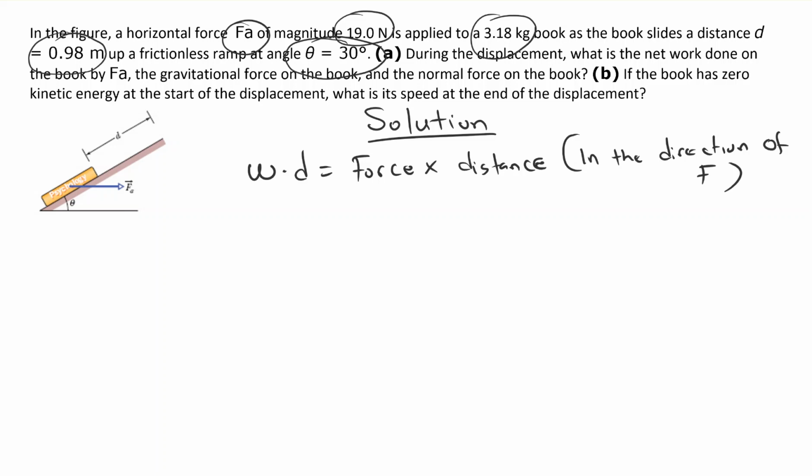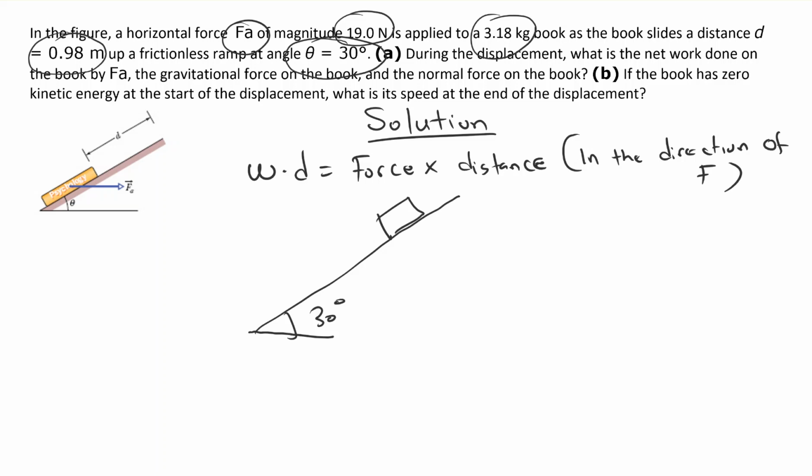So let's draw this inclined plane again. I'm gonna have a rough sketch of this inclined plane. So we have 30 degrees, and let's say this is our book up the inclined plane at any given point.